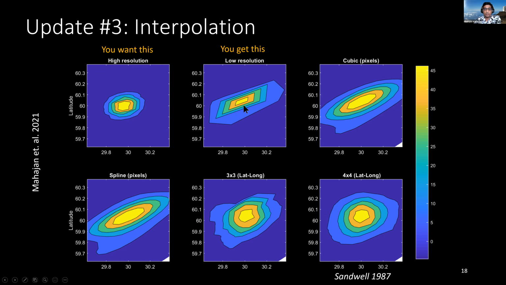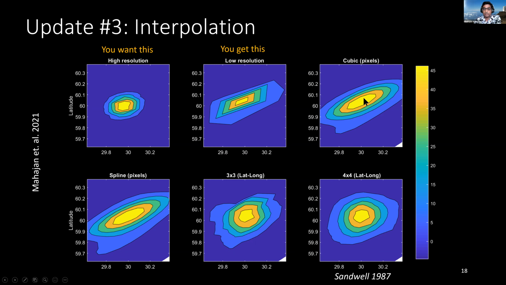Now, if you want to test the interpolation algorithm that you're using when you're projecting the solar disk onto a heliographic map, what we did was we tried different interpolation algorithms to upsample this low resolution image and see if we could reproduce the high resolution image of what the feature should look like.